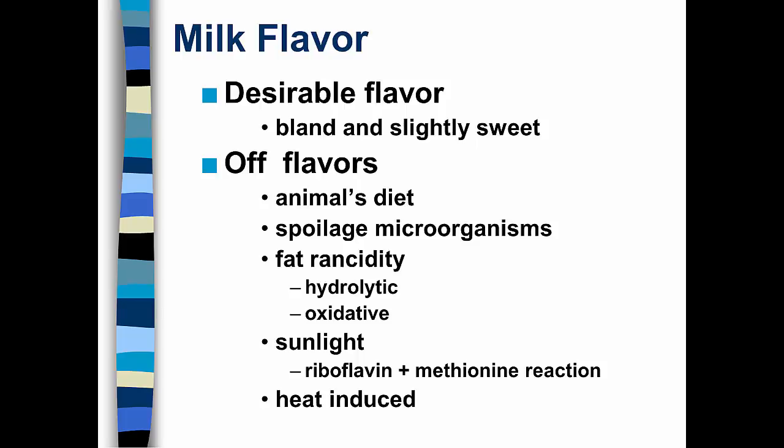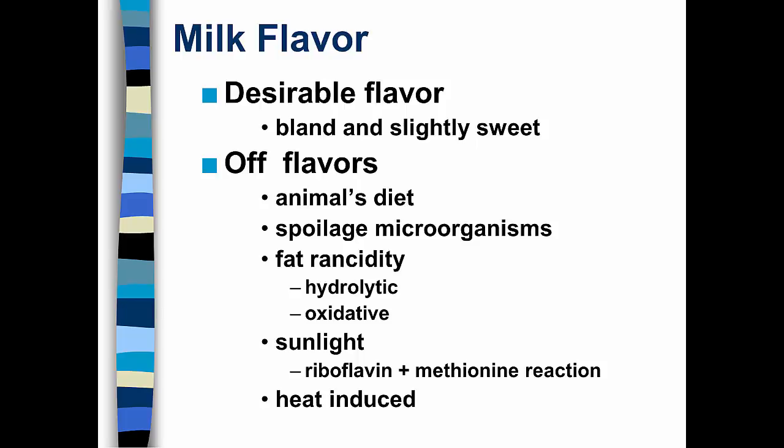So one source of off flavors is the animal's diet. It's very common for milk to have a feed flavor to it, that is, the flavor of the feed. Most feed that's given to cows that are producing milk does not contain some of the more striking odoriferous products, such as onion and garlic.